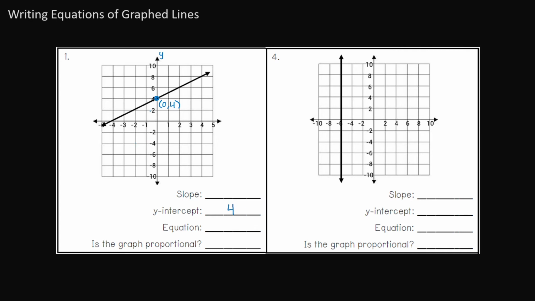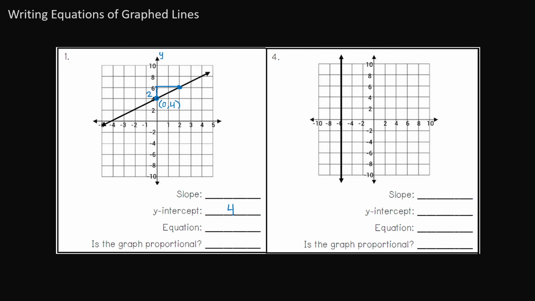The slope, we could do one of two ways. We can choose 2 points on the line, the y-intercept and let's say this point, and find the rise over run, or we can use the slope formula. I'm just going to do rise over run this time. To do that, I'll draw a right triangle between my points. The rise is from 4 to 6, so that's a rise of 2.